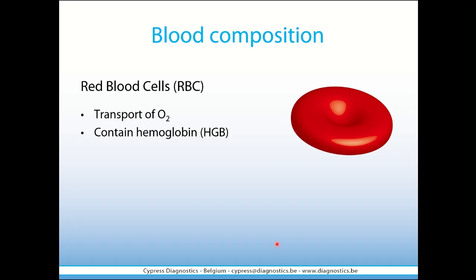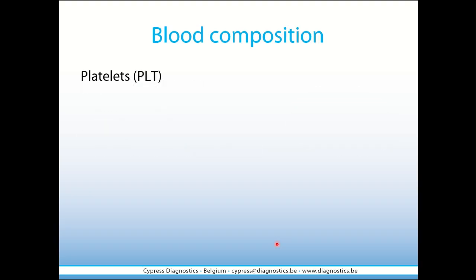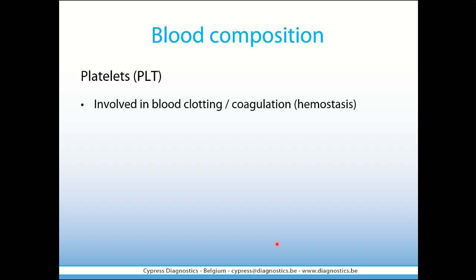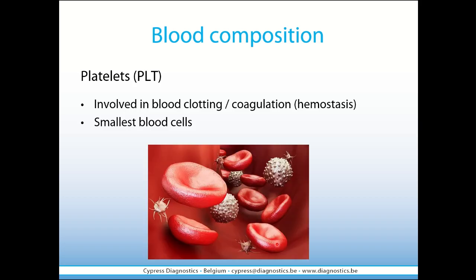Looking at the amount of these cell types in the blood, they are the most abundant cell type. Next, we have the platelets. Platelets play an important role in the coagulation or blood clotting, making sure bleeding stops. Looking at the size, these are the smallest cells in the blood.